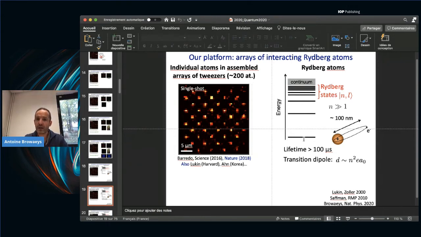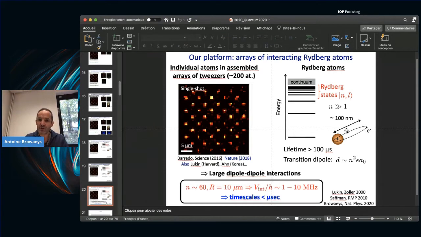And second, they exhibit very large dipole moment transitions, which scale like the square of the principal quantum number of the state, and which is reminiscent of this solar model of the atoms, where the electrons spiral very far from the nucleus. The consequence of this large dipole is that 2 atoms, even at a few micrometers distance, will exhibit strong dipole-dipole interactions.